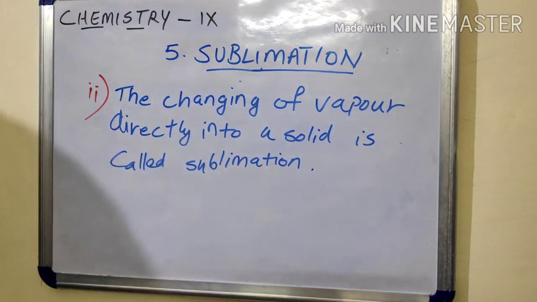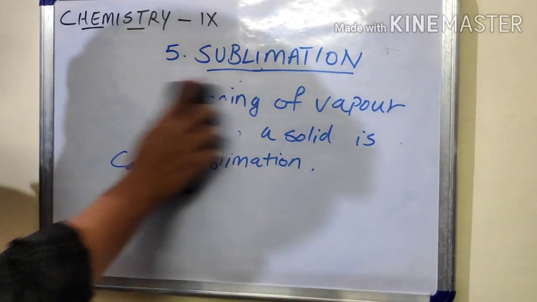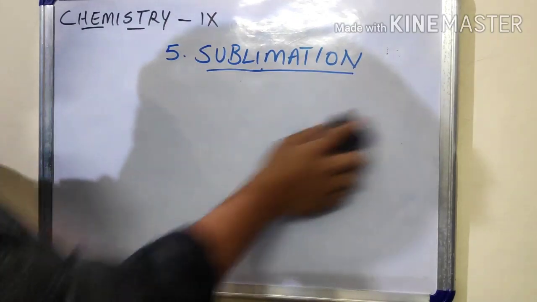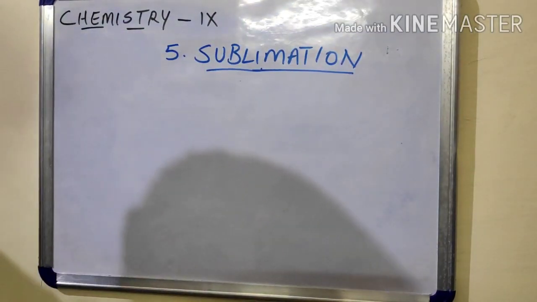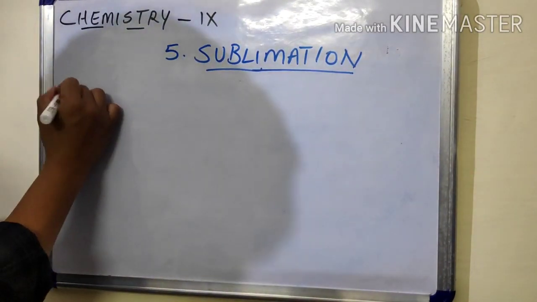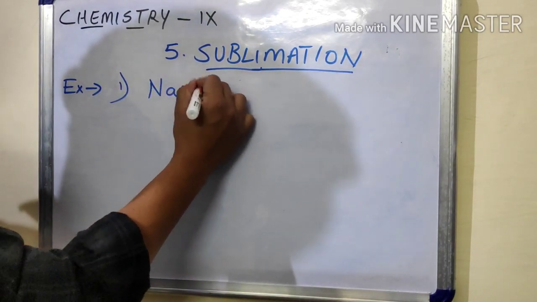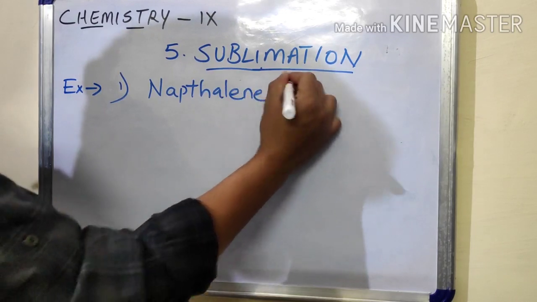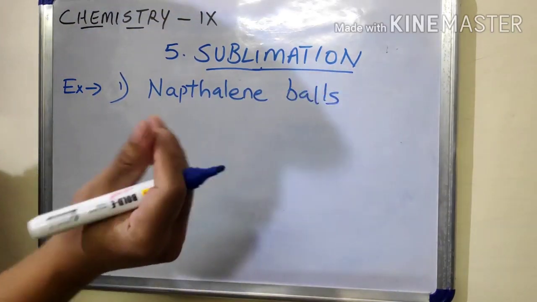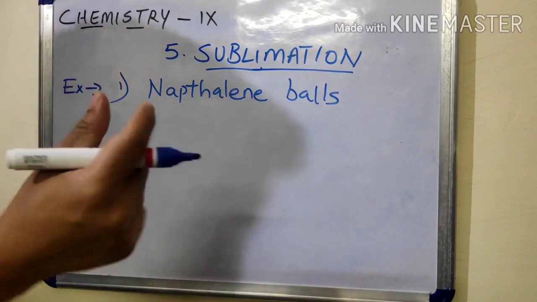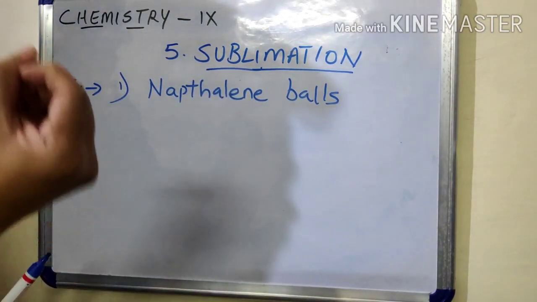Okay, now let us look at some examples of sublimation where this happens. Now the most important daily life example that you have to write the word sublimation for is naphthalene balls. Naphthalene balls are the white colored balls that you place in your woolen clothes. So after a few days you will see that those balls have completely disappeared.